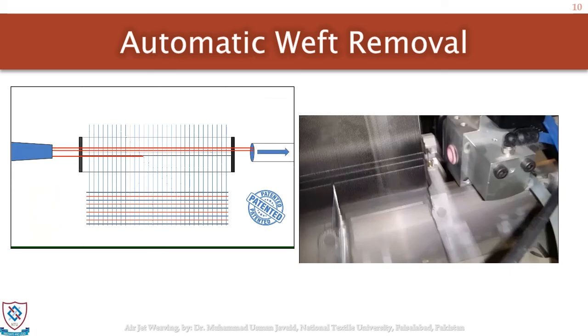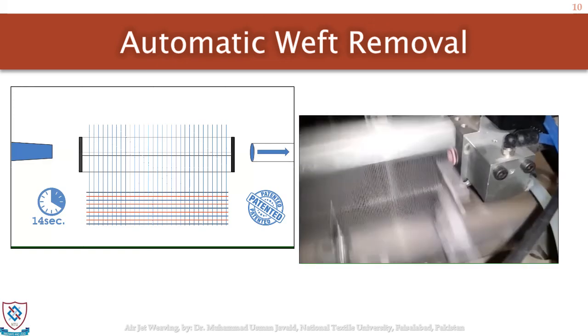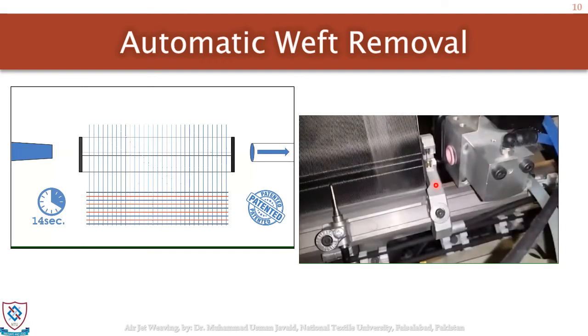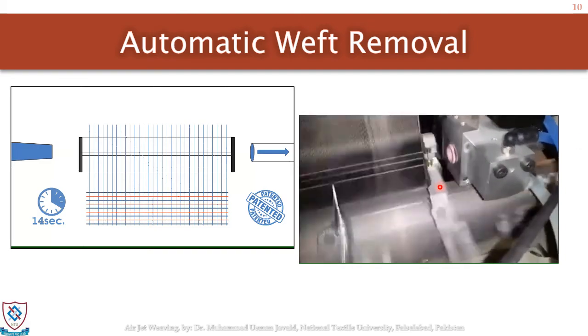Here I will show you. On the left you just saw the animation of what I was describing, and right now I will show you this video. So you will see our machine is working over here. There is some weft breakage.